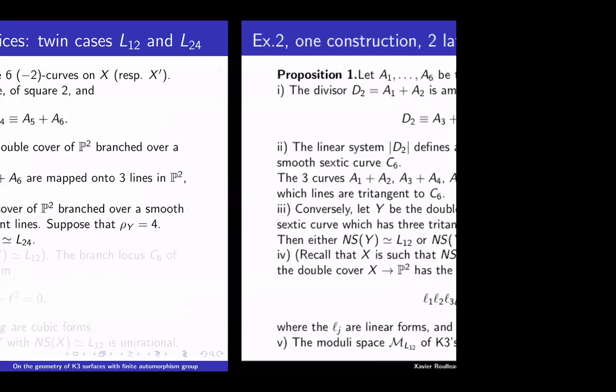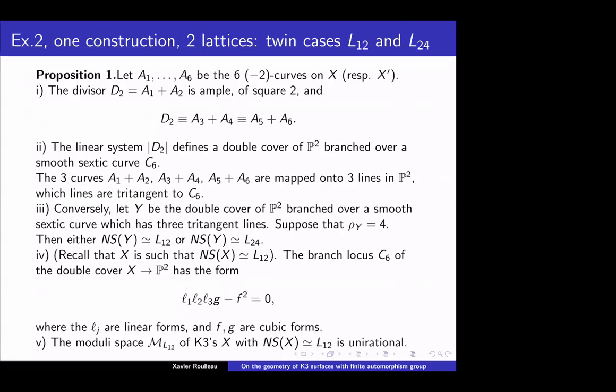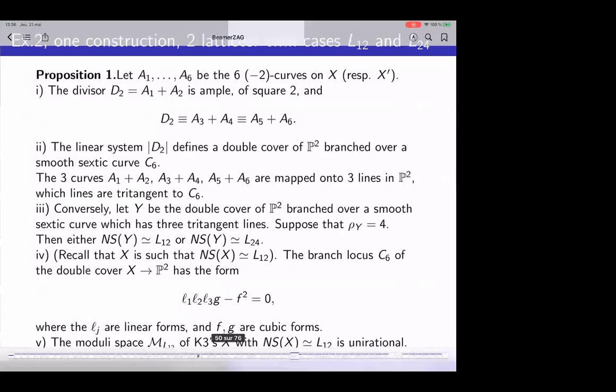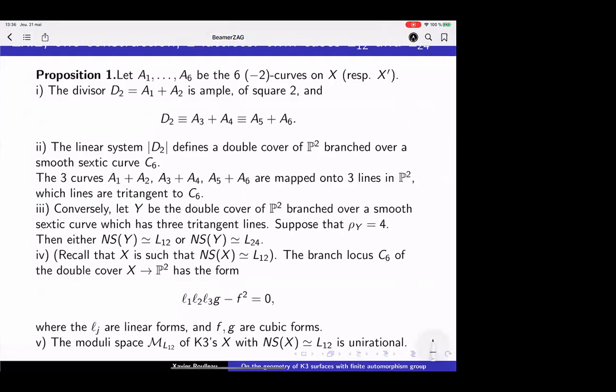Recall that for X, the Néron-Severi group is L12, and you can find the equation of the branch locus of the double cover. You find that this branch locus is this one, where the Li are linear forms and F and G are cubic forms. In fact, the Li equal to 0 are the equations of the three lines here in P2.